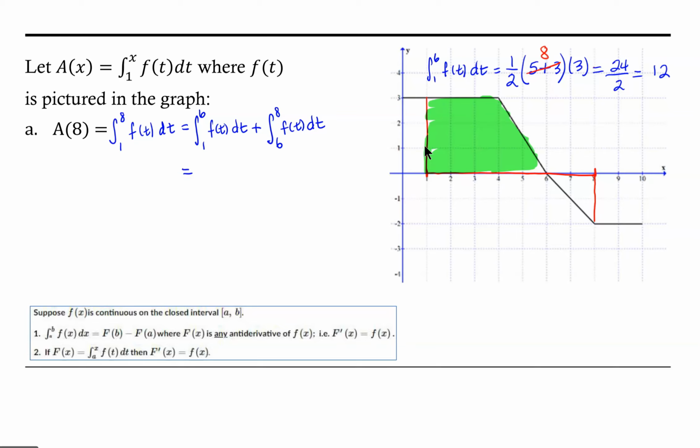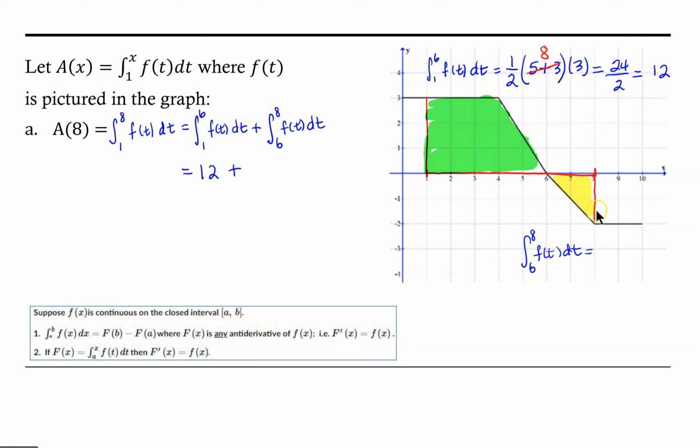So this first value is 12, plus, and now we turn our attention to the second integral, this area that lies beneath the x-axis. This is the integral from 6 to 8 of f of t dt. This particular shape is a triangle, so we can use the formula for the area of a triangle. The base of the triangle is 2.